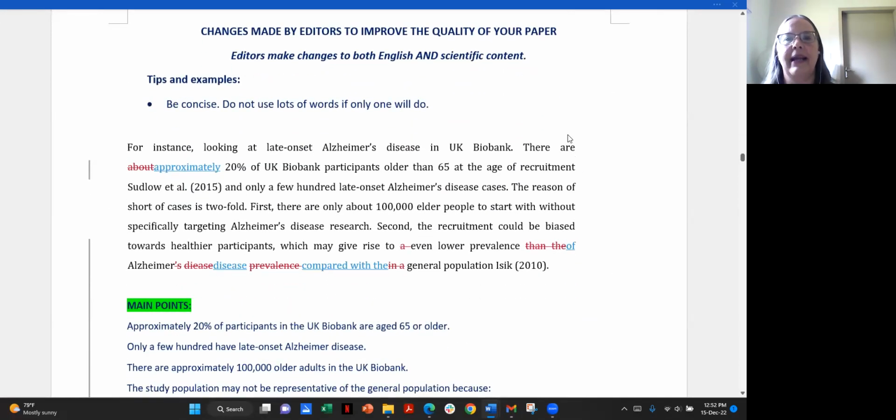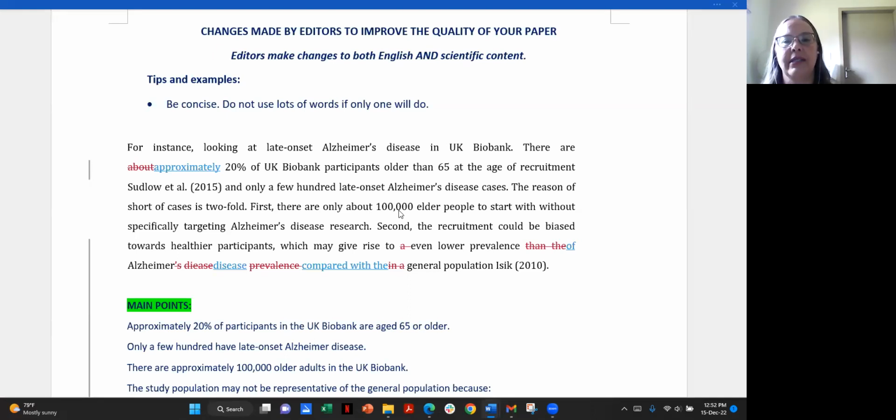Okay, the next topic that I'm going to be talking about is how us as editors make little changes that can improve the quality of your paper. As I said before, we make changes to English and scientific content.